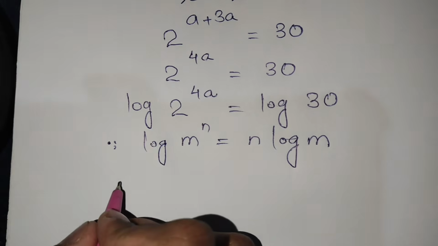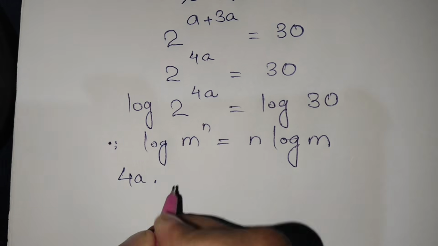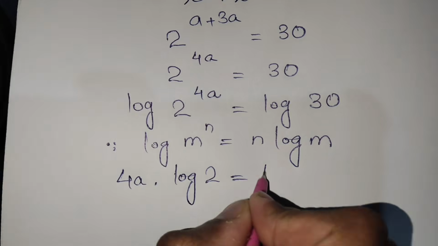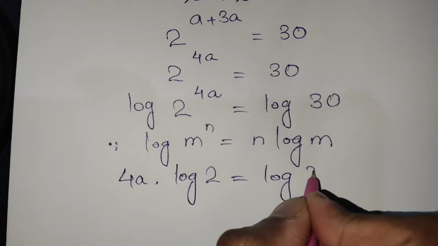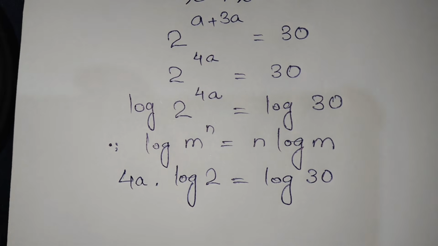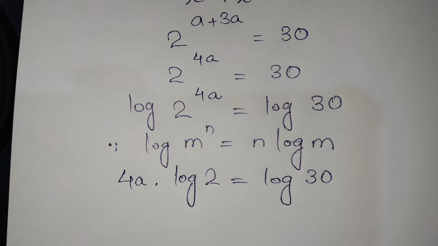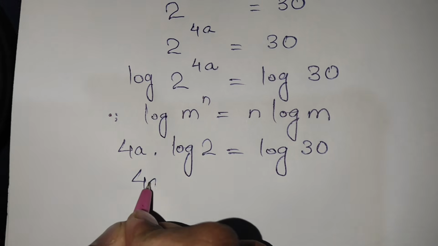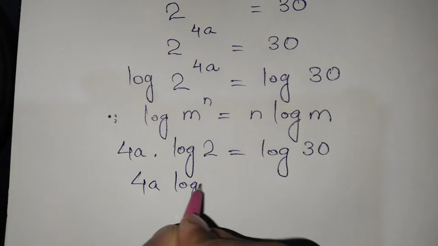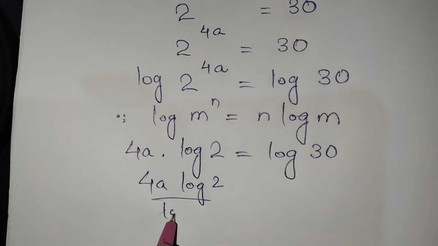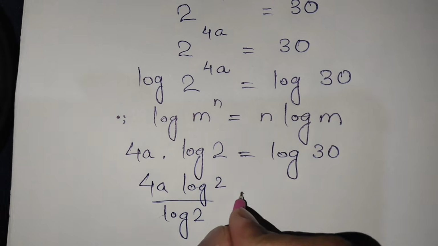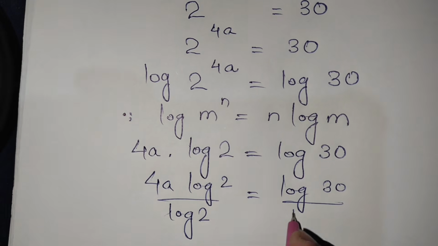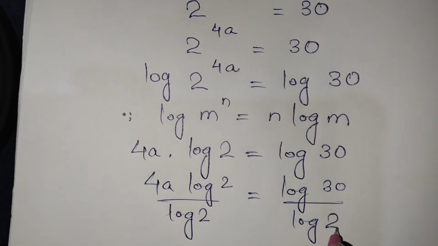So it will be 4a times log of 2 is equal to log of 30. We will divide by log 2 on both sides of the equation, that is, 4a log of 2 over log of 2 is equal to log of 30 over log of 2.